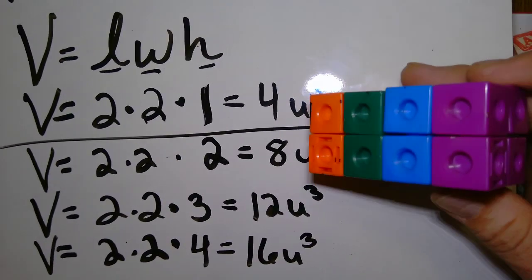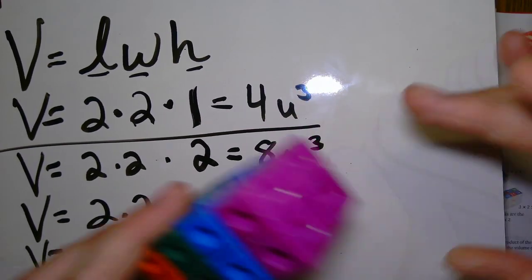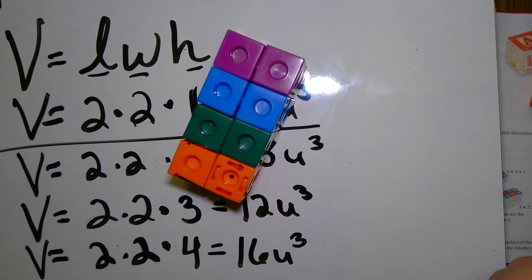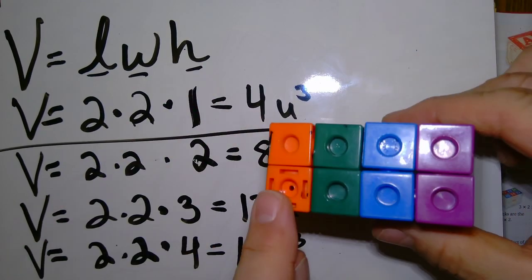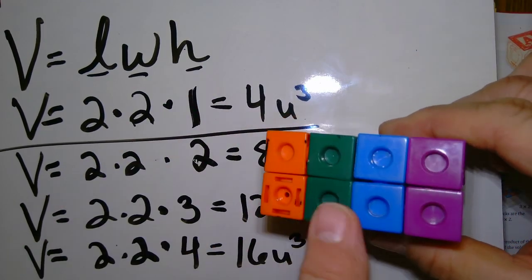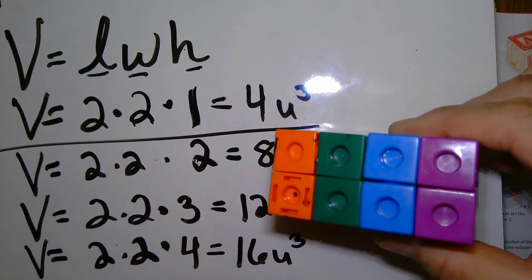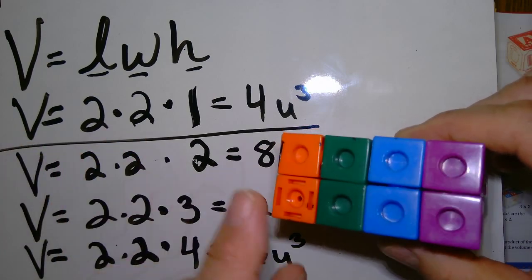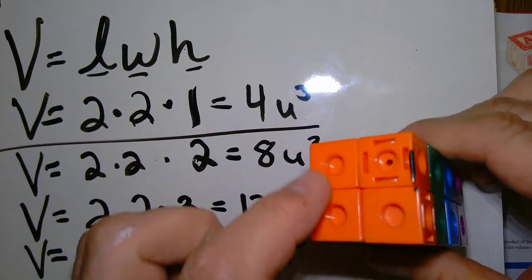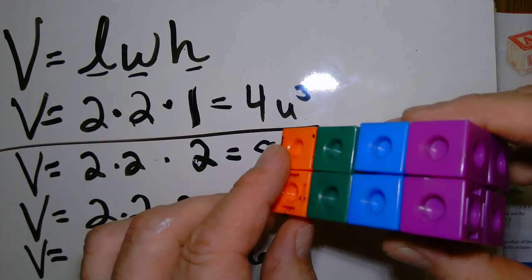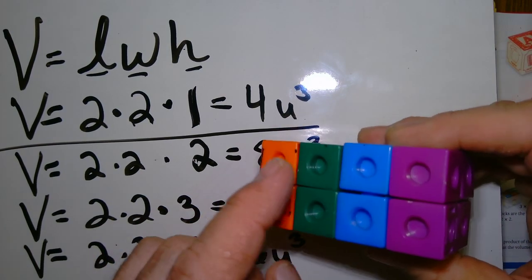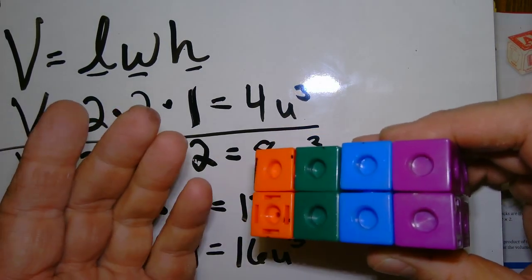And that's all it is to understand volume, is you're just figuring out what the base layer is, and then you're going to figure out how many times we stack it on top of itself. In this instance, we figured out our base layer was 4, and then how many layers of 4 do we have? 1, 2, 3, 4, and that's how we get 16.